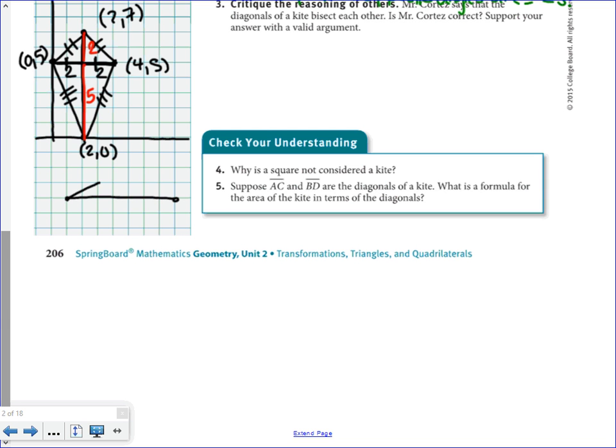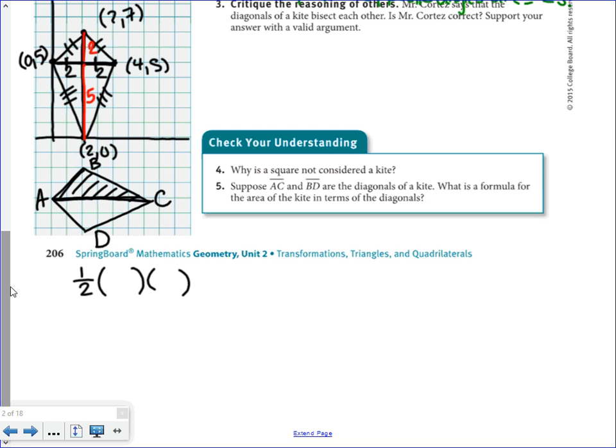So I'm going to draw a kite where we have AC and BD as the diagonals. And I'm going to start by finding the area of this upper triangle. So triangle area formula is 1/2 base times height.